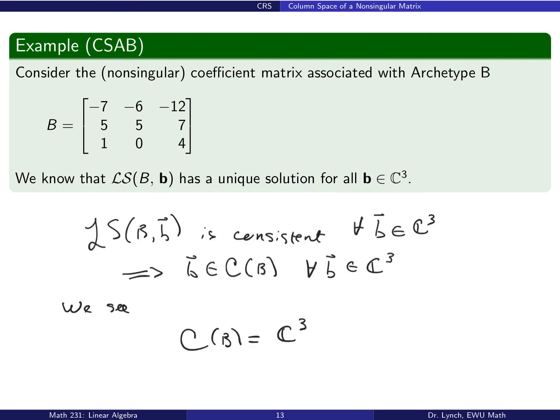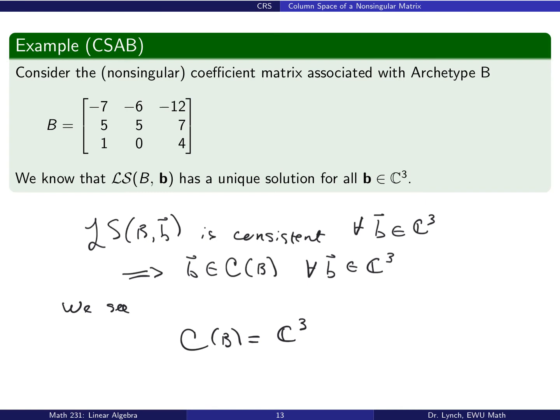Since that linear system always has a unique solution, that is, the linear system is consistent, we know that b is always in the column space. If we pick any element b in C3, we see it's in the column space. Of course, any element of the column space is in C3. By set equality, therefore, the column space of B is equal to C3.